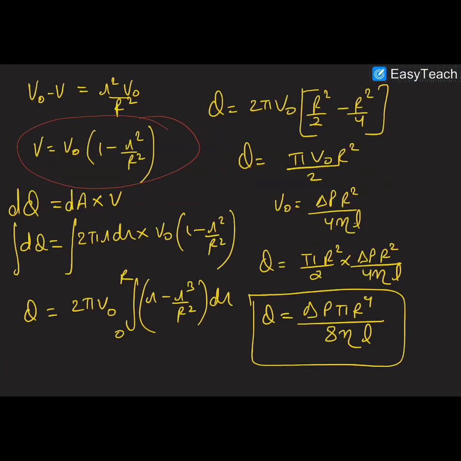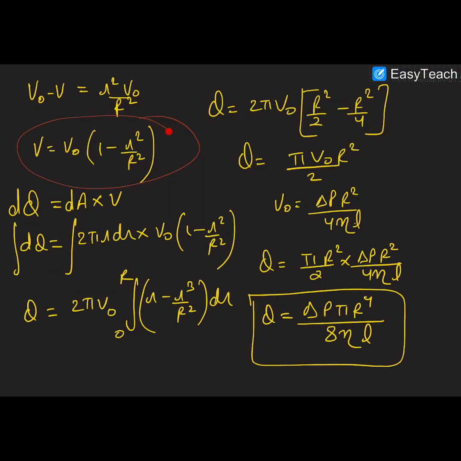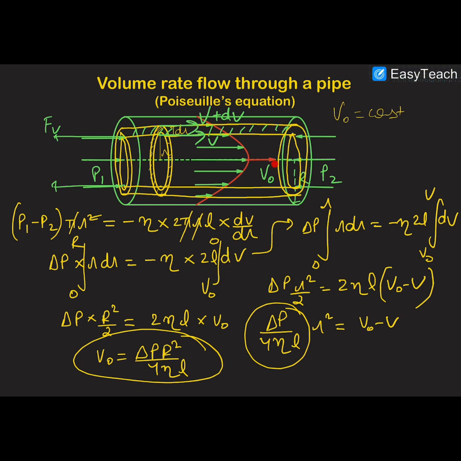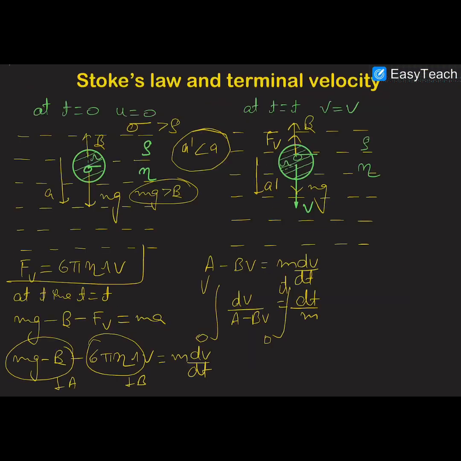I'll show you. This was the topic, volume rate flow through the pipe, Poiseuille's equation. And in this topic we have already discussed this formula, where V naught is the velocity of the liquid at the axis of the cylinder. Okay, so this V is V naught times 1 minus r square by R square.